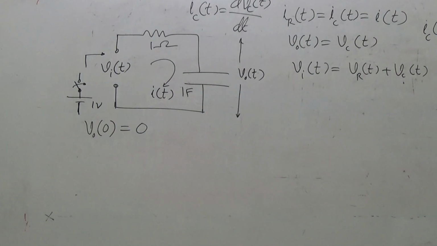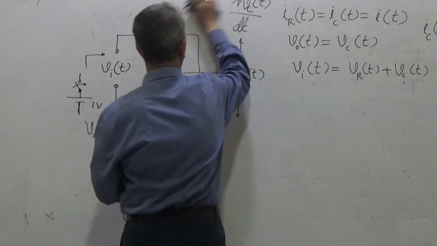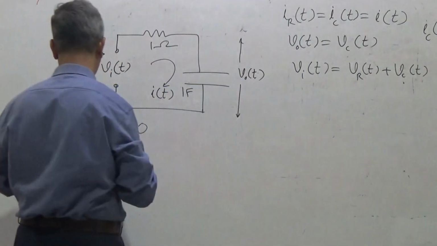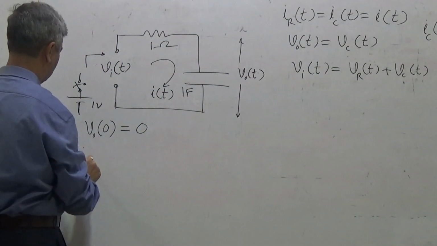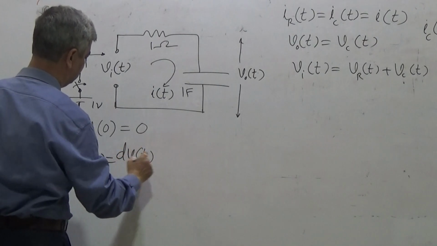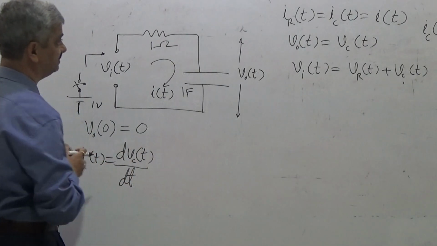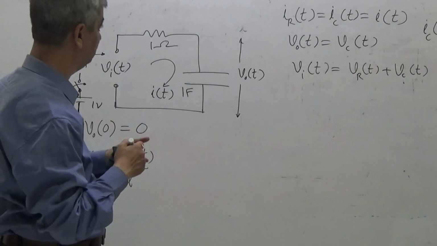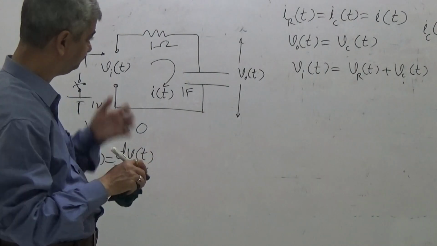It does not require any additional information as such. I_C(t) in the given case is equal to dV_C(t) by dt. Using all these things, you can very easily work with the system.